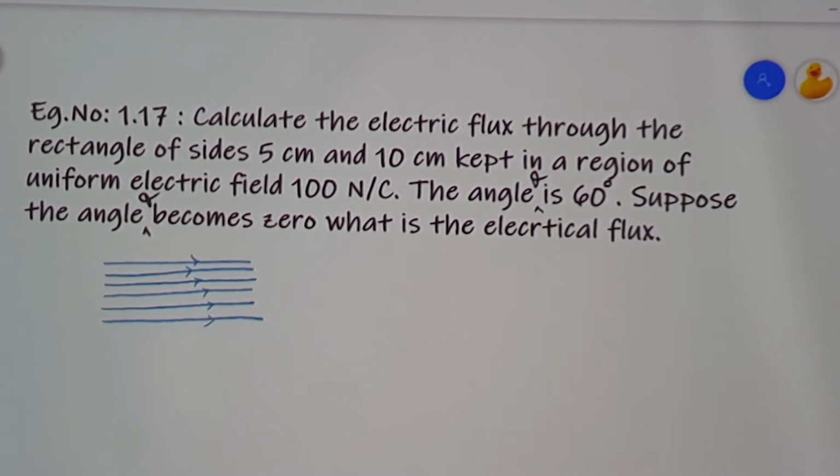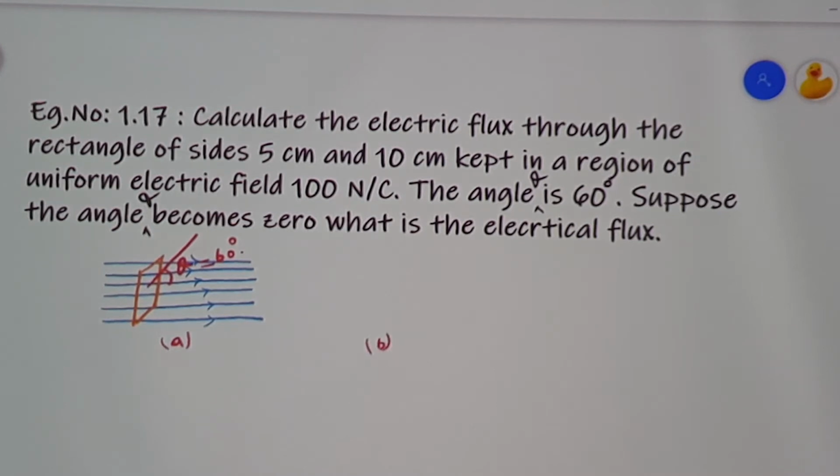Inside this, you are having a rectangular region of length about 10 centimeter and breadth about 5 centimeter. And when you are considering the angle between the normal drawn and the electrical lines of force, the angle theta is considered to be 60 degree. This is the first case.